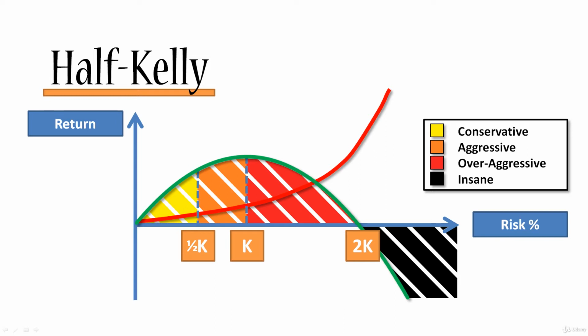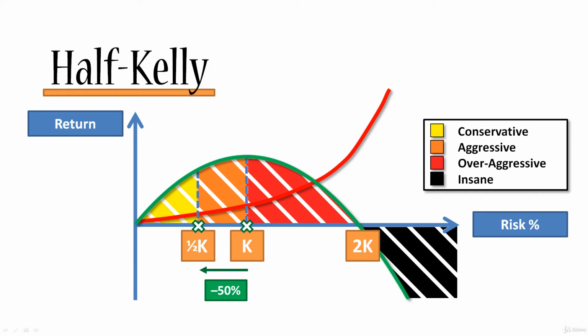So to start off with, if you move from Kelly to half Kelly on the risk axis, your risk decreases by 50%, which makes sense because you're basically halving your Kelly and therefore your risk is halving. But let's have a look at what happens to the return.